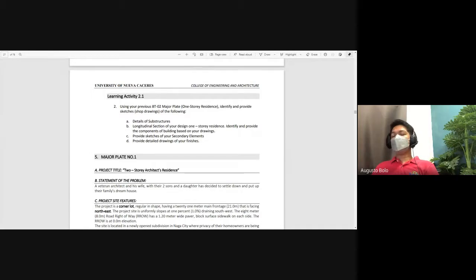It is important to me to identify and give the section based on your design, since we have to be able to locate where the core components of your building are. So, we have here: identify and provide components, then provide sketches of your secondary elements, then provide details of drawings of your finishes.